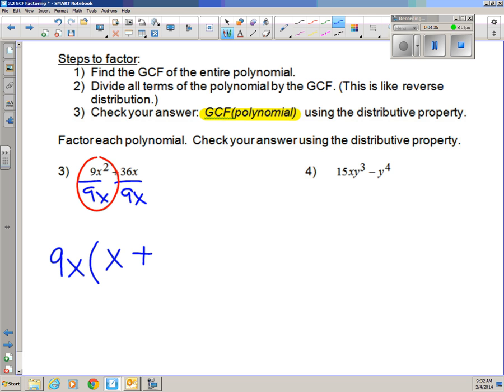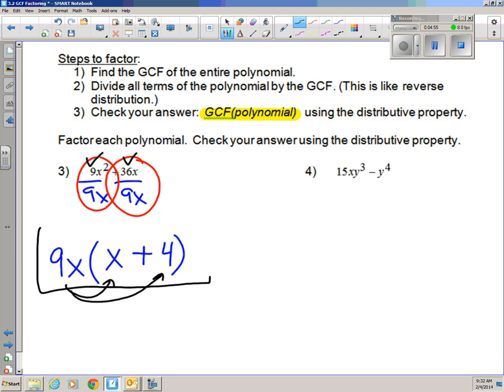And then I've got a plus sign. And then 36x divided by x is just 4. So this should be my answer, 9x quantity x plus 4. And is that right? Well, sure, because when I multiply back, 9x times x is 9x squared. 9x times 4 is 36x. So this, in fact, is my final answer.